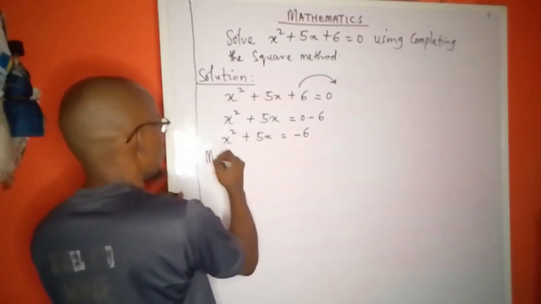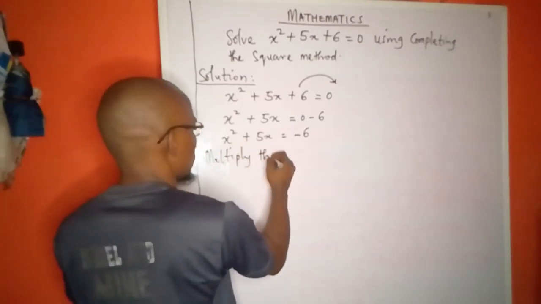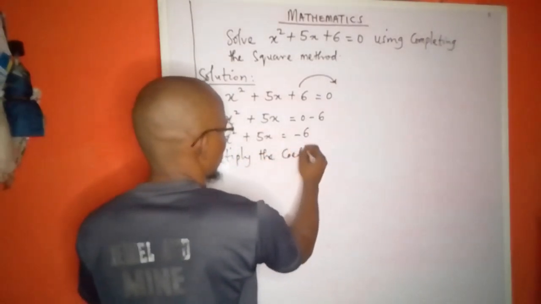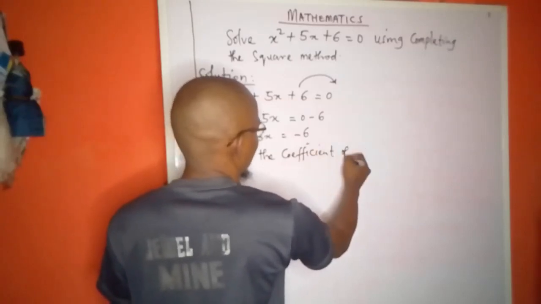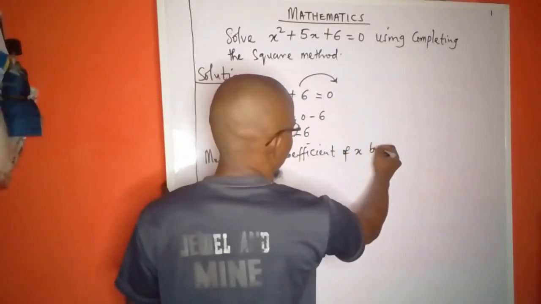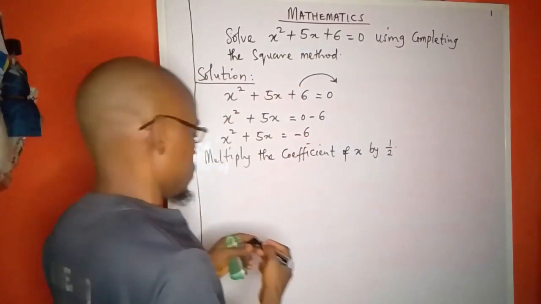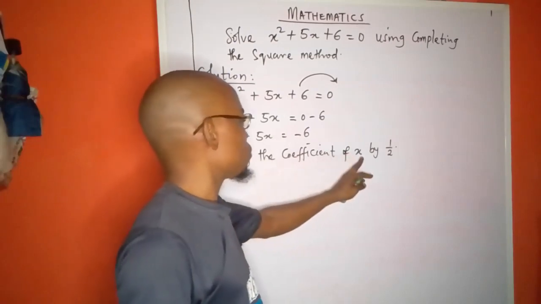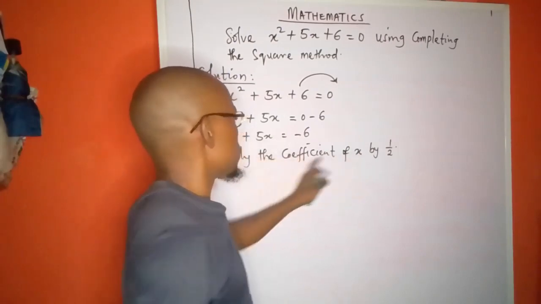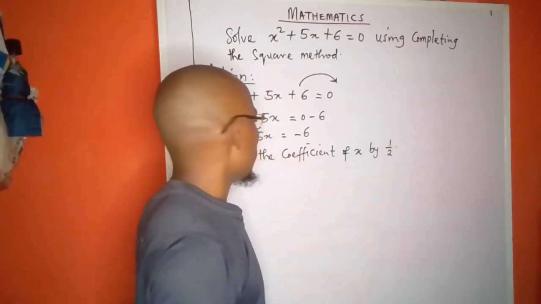The step is you multiply the coefficient of x by 1/2. That's the coefficient of x, not x squared. The coefficient of x, you multiply it by 1 over 2.